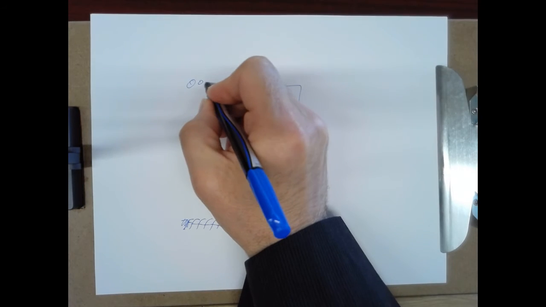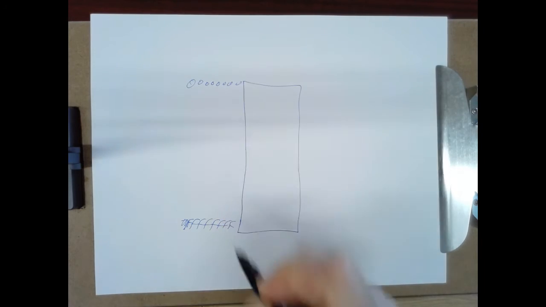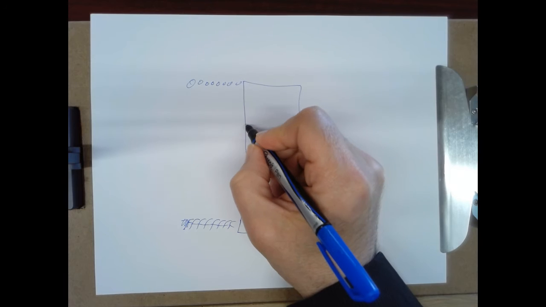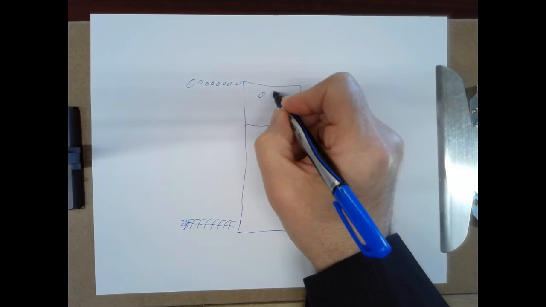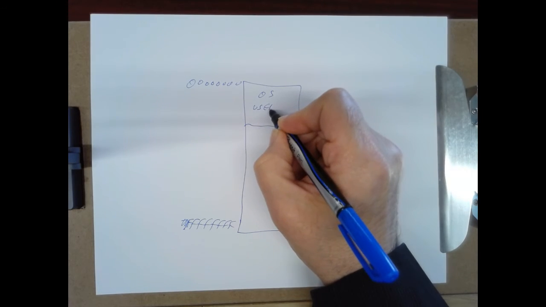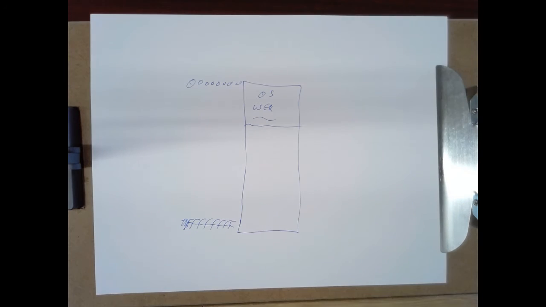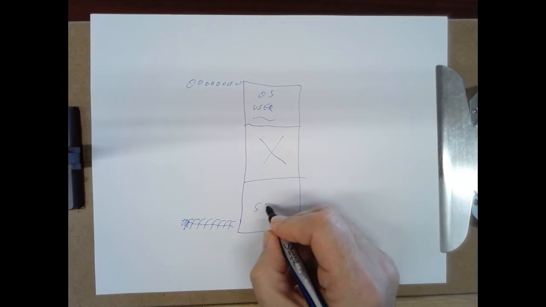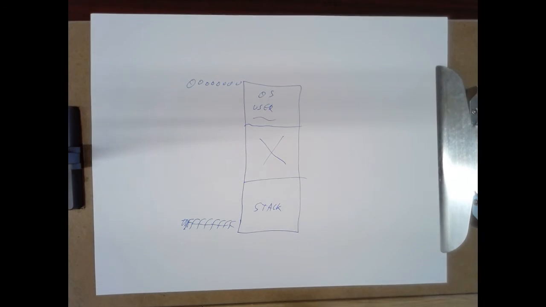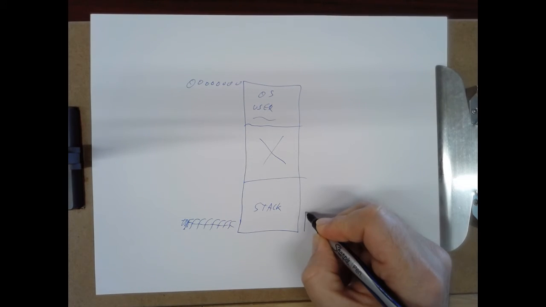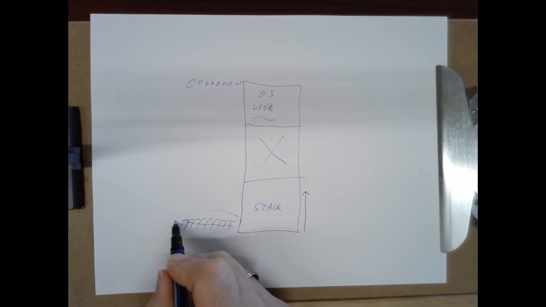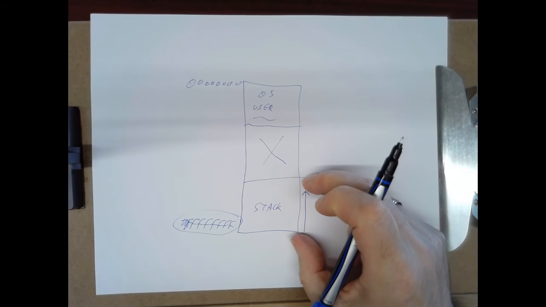And up here is location 0. And usually, you know, some stuff up here is like operating system and user code and other things like that. And then there's a big gap, and then this lower area is stack space. And your stack grows in this direction. And one advantage of doing that is that you always start your stack at this address, no matter how big it is.